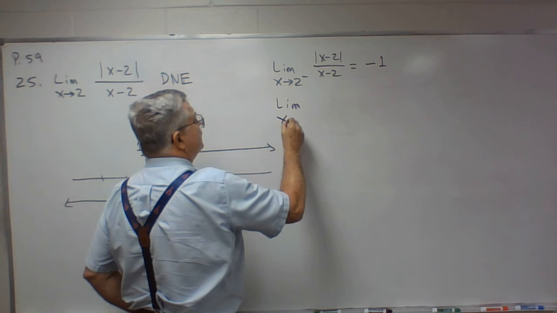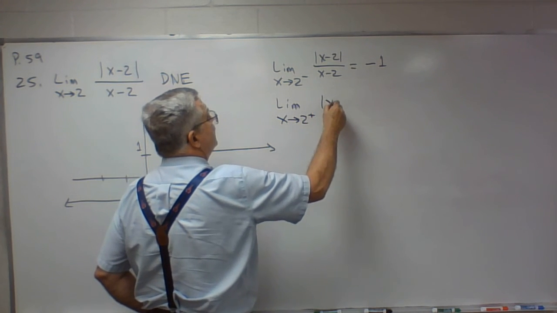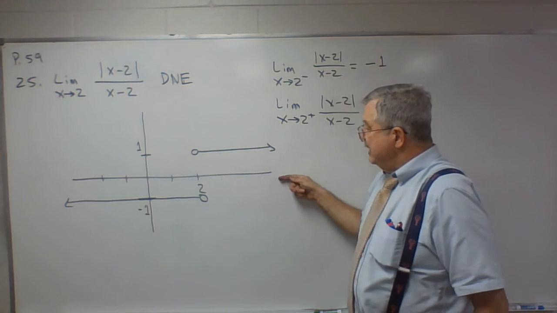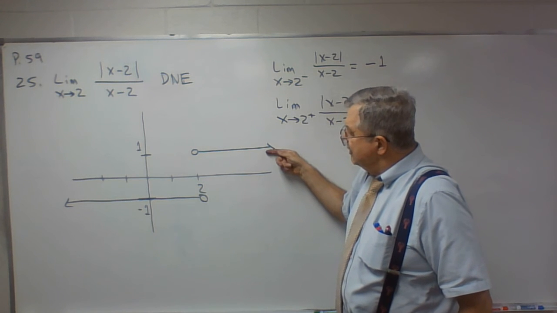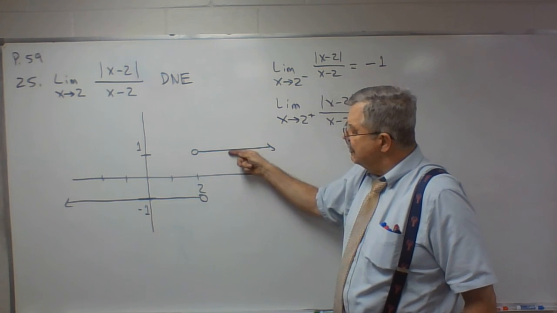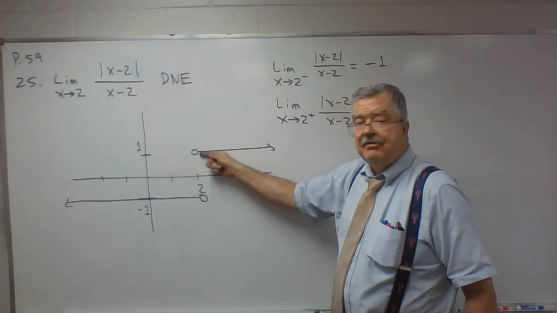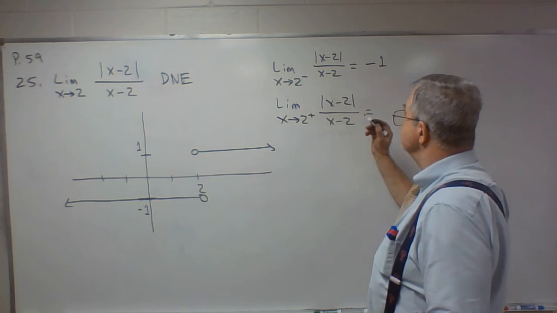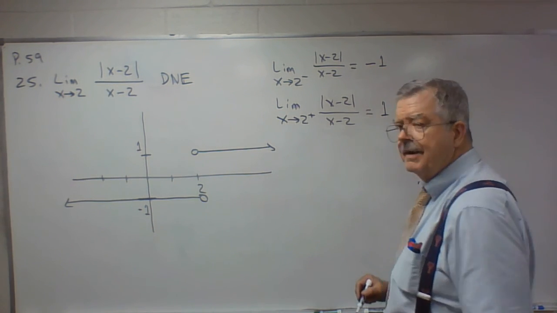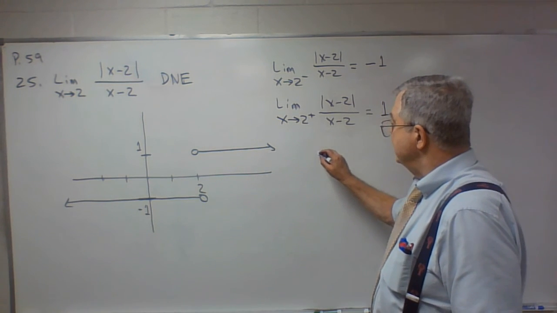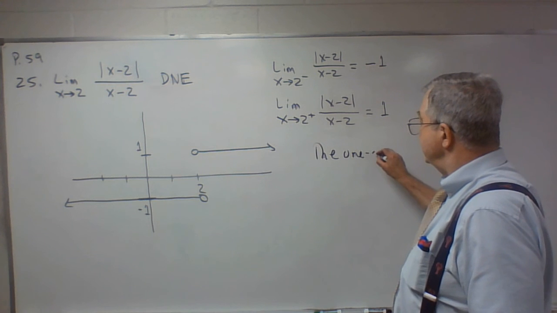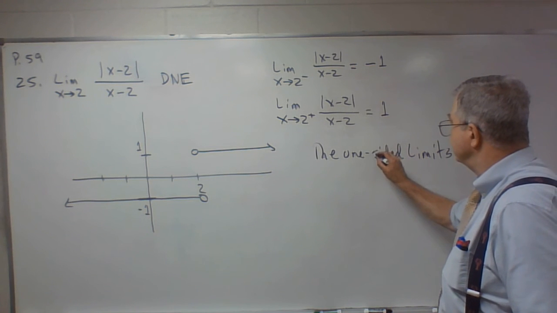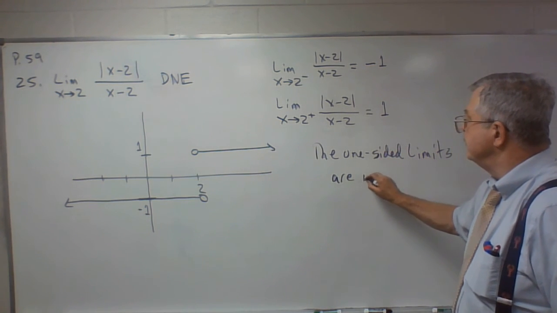Now, what about as x approaches 2 from the right? As x approaches 2, if we move along the graph in such a way that x approaches 2 from the right, the y value approaches and is actually equal to positive 1. So the limit as x approaches 2 from the right is 1. And we say the one-sided limits are not equal.